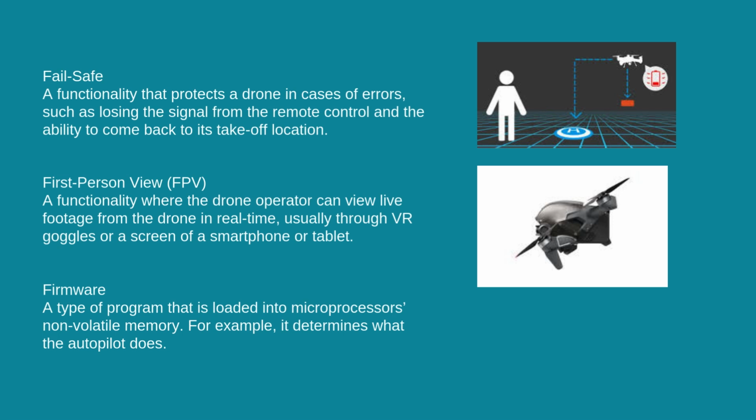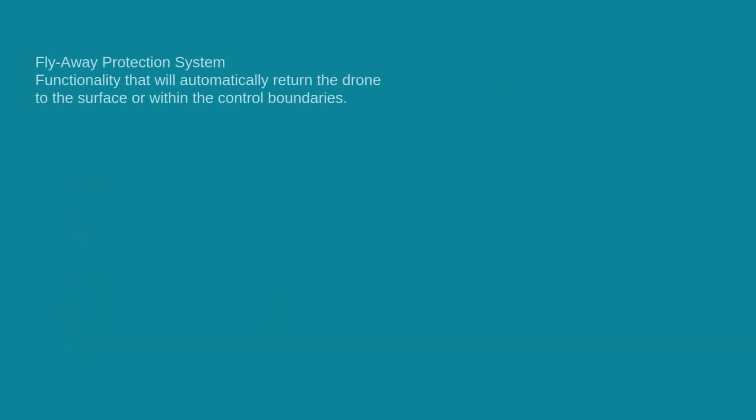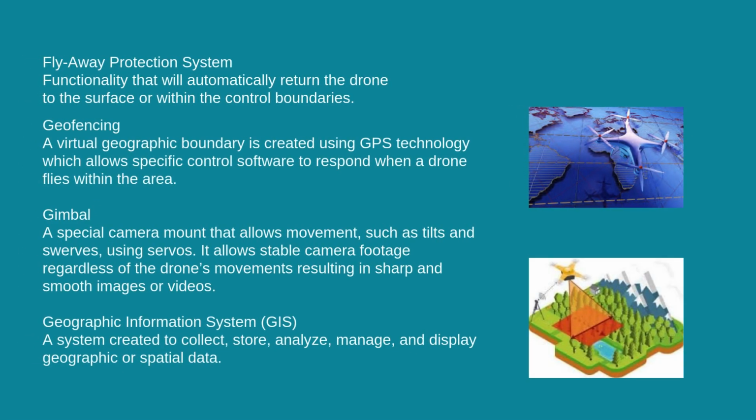First Person View, FPV: a functionality where the drone operator can view live footage from the drone in real time, usually through VR goggles or the screen of a smartphone or tablet. Firmware: a type of program that is loaded into microprocessors' non-volatile memory. Flyaway protection system: functionality that will automatically return the drone to the surface or within the control boundaries.